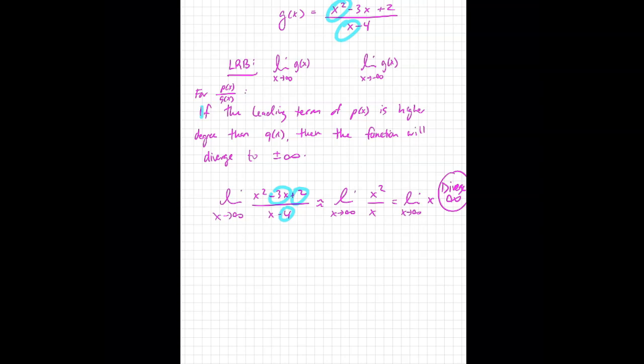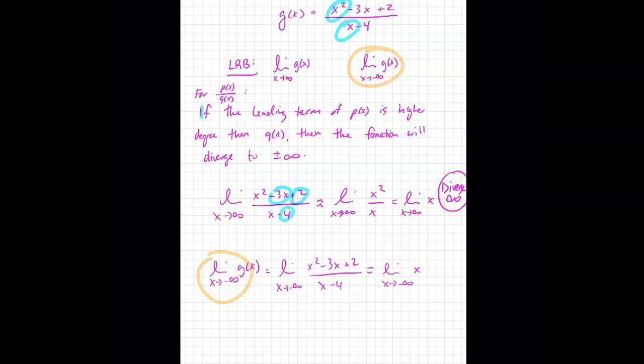So we see that that's the case there. So this is going to positive infinity as we go off into the positive tail, and then the left-hand tail here, the limit as x goes to negative infinity of g of x, well, same thing, we know this is going to be the limit as x goes to negative infinity of x.